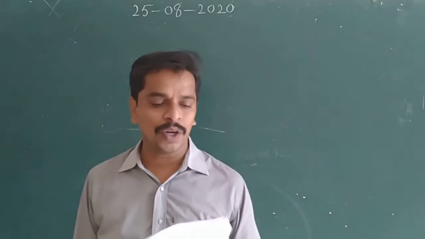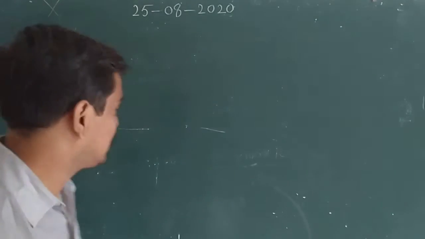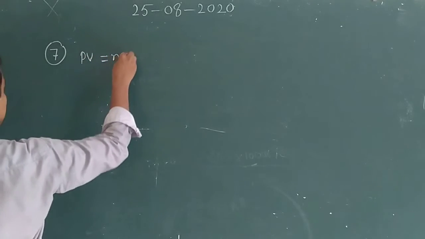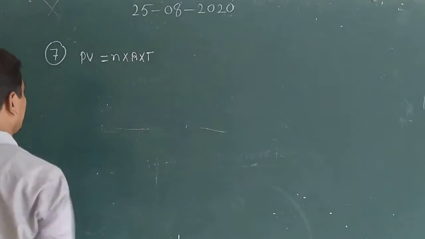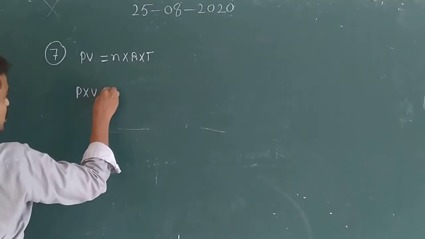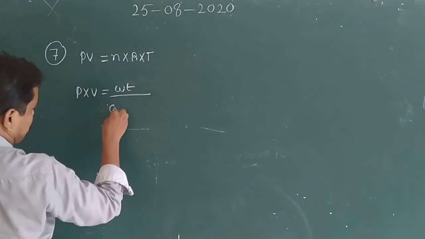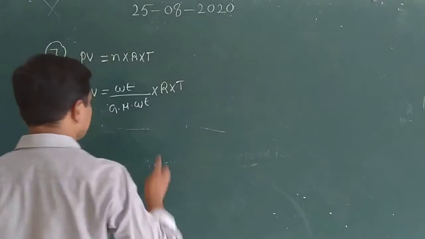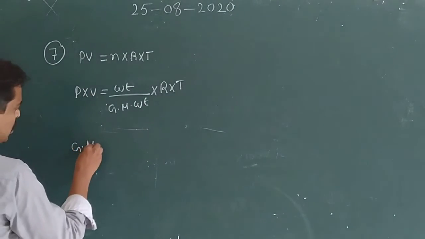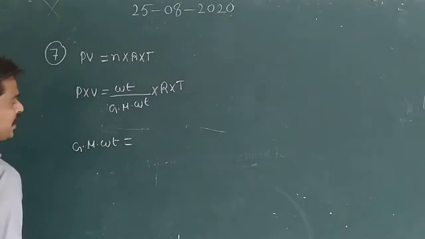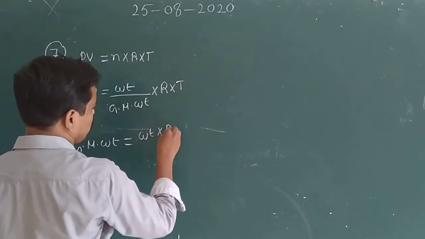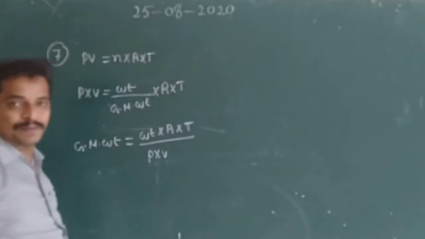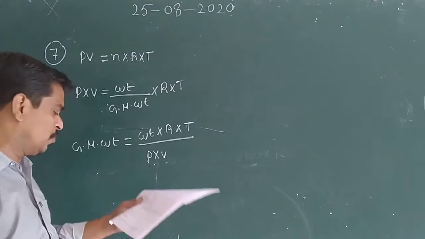Same as before, he is asking molecular weight. The formula we have utilized is PV is equal to n into R into T. So pressure into volume is equal to weight by gram molecular weight into R into T. Now we have to find gram molecular weight. Gram molecular weight is equal to weight into R into T by P into V.